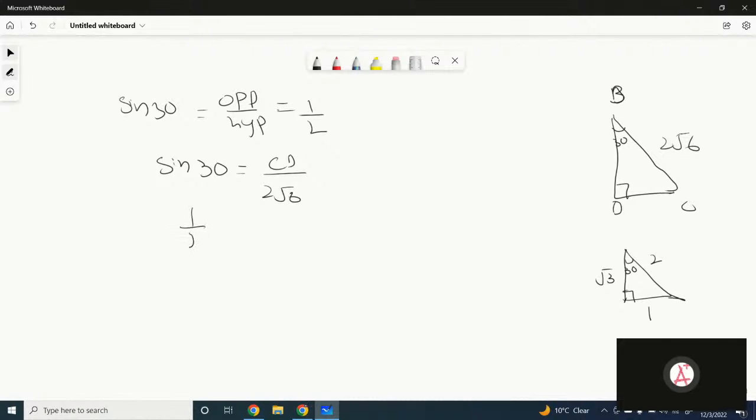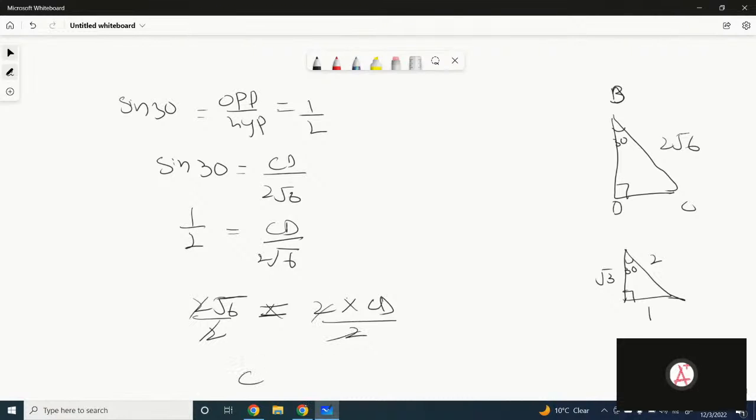So 1 over 2 equals CD over 2 square root 6. Just do cross multiplication: 2 square root 6 equals 2 times CD. Divide both sides by 2, so the 2s cancel out and we are left with CD equals square root 6. That means the length of side CD is square root 6. Got it?